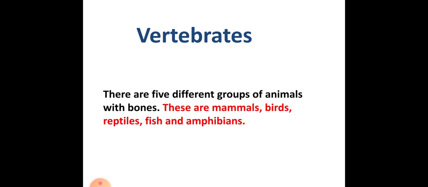So now we will learn more about specific vertebrates. There are 5 different groups of animals with bones. So we classify 5 groups of animals with backbones. These are mammals, birds, reptiles, fish, and amphibians.